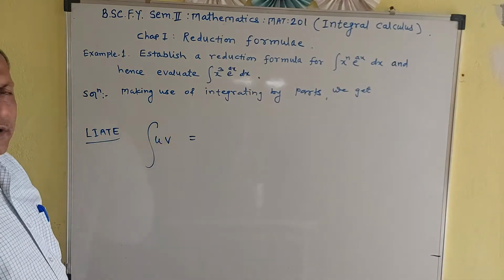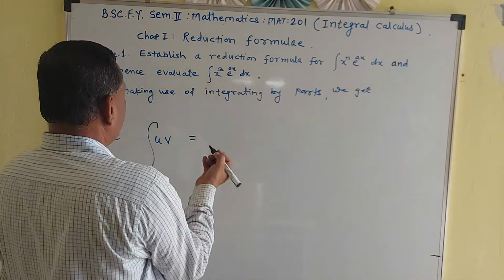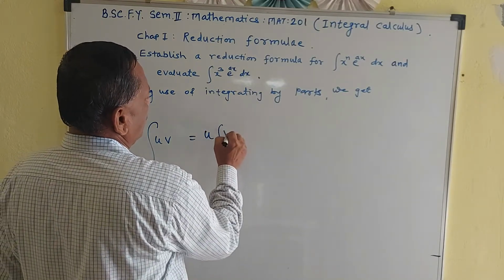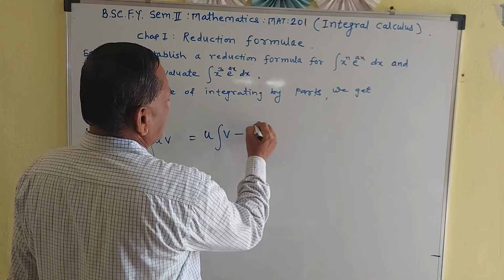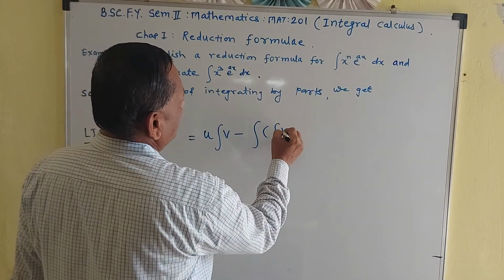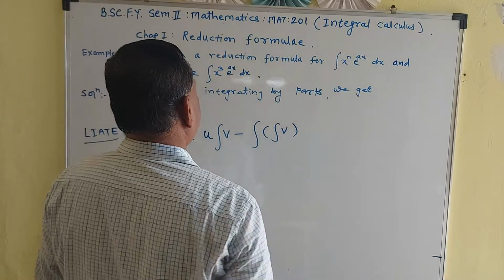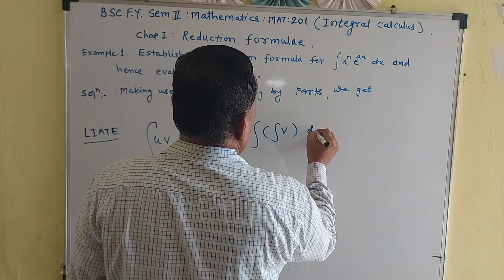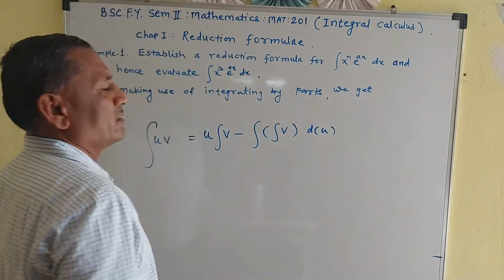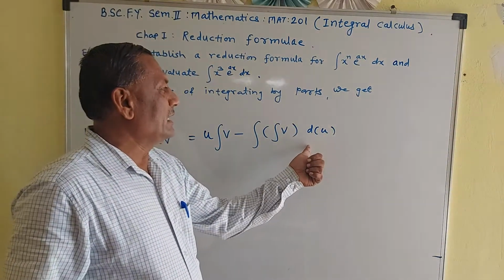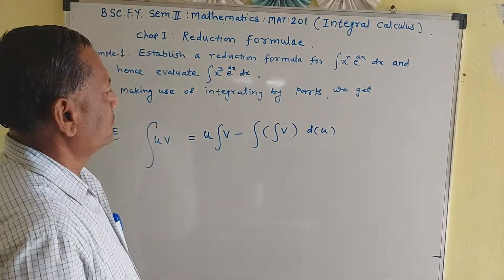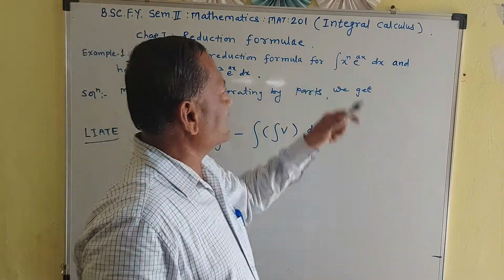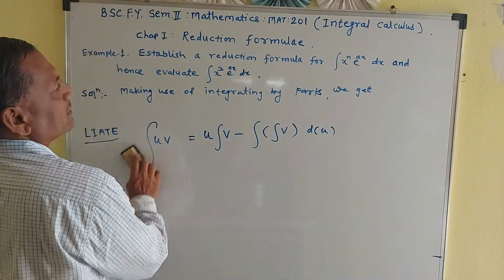Suppose your u is the first function, then use the formula: u into the integration of v, minus the integration of v into the derivative of u. So if u is a function of x, then d by dx of u.